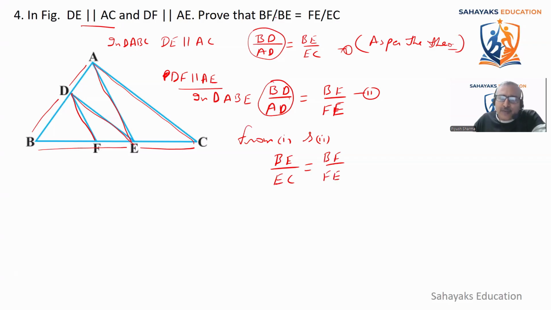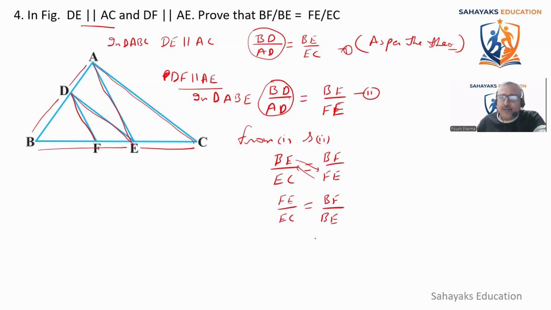So we have to prove BF by BE. So just cross multiply. I'm taking BE this side and I'm taking FE this side. So it becomes FE divided by EC should be equal to BF divided by BE.